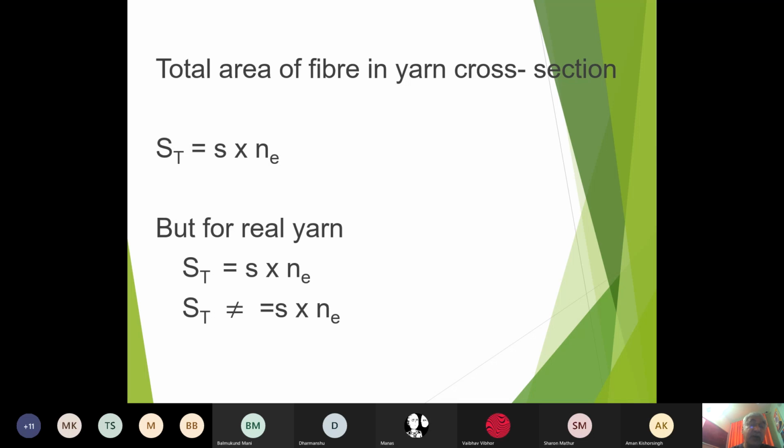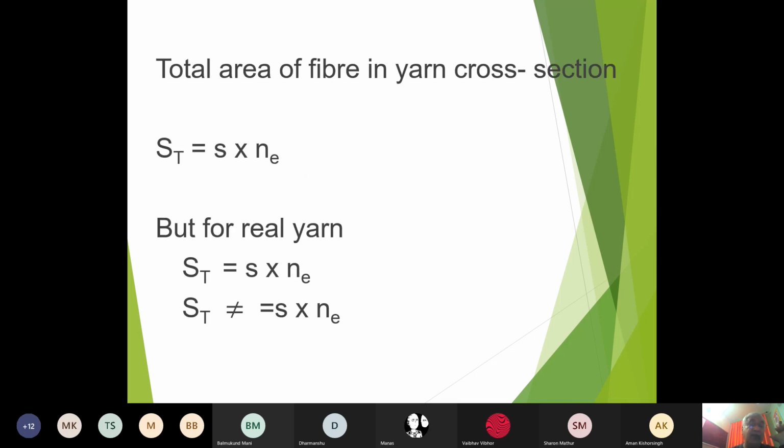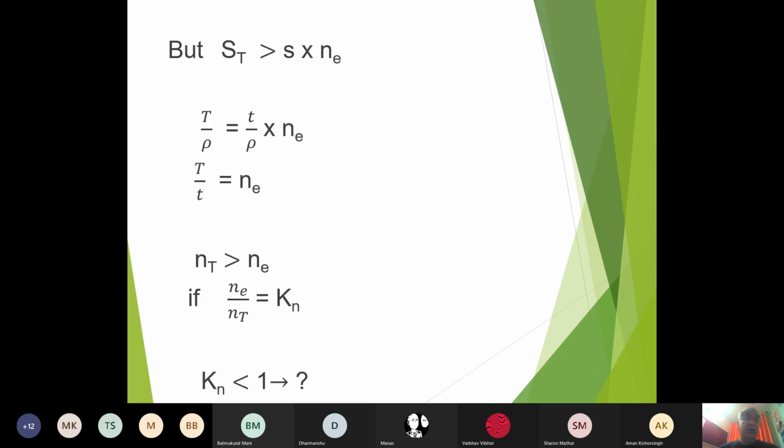But in this case, what is my assumption? Once I'm calculating the number of fibers in the yarn cross section, my assumption is that my fibers are straight and parallel, which we have taken in this figure. I'm going with this assumption, and on that basis I'm calculating this ST. And that's why I found that this ST is not equal to S into NE, which we found experimentally.